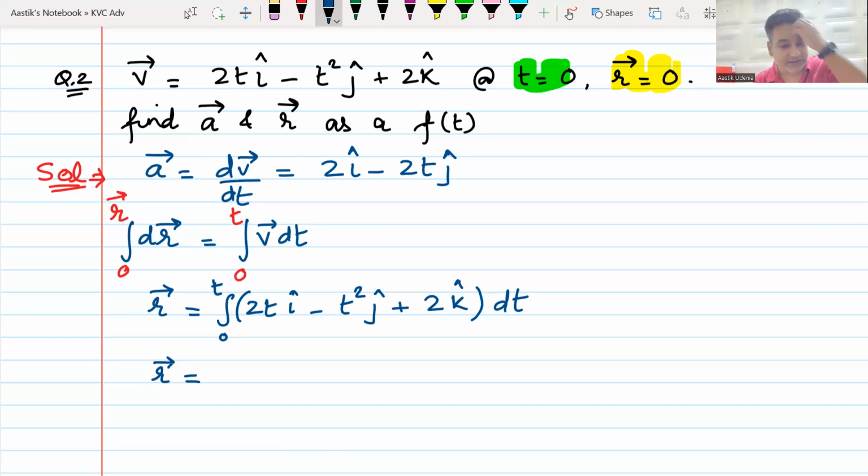Remember, you will have to put the limits. The initial limit is 0, then the final limit is t. What is the answer that you are getting?